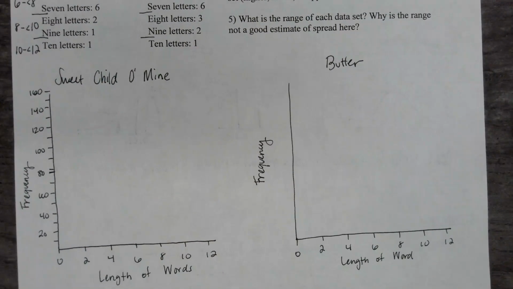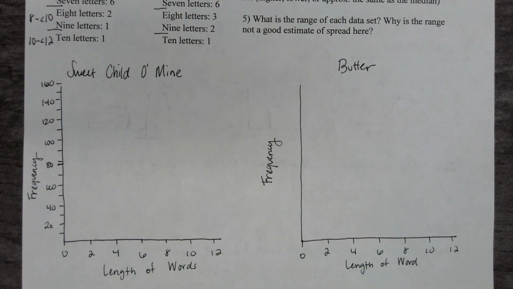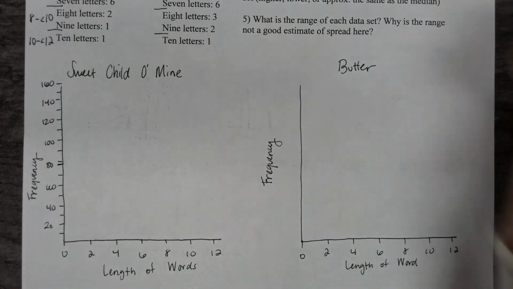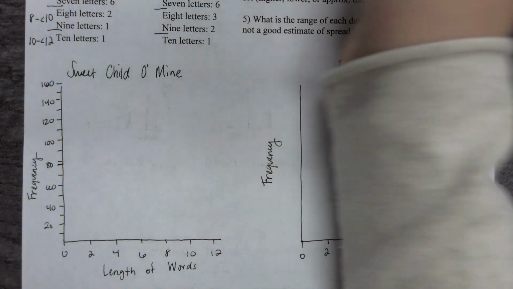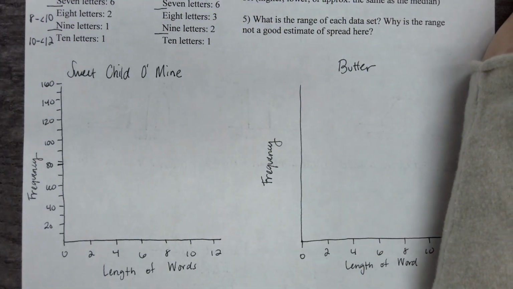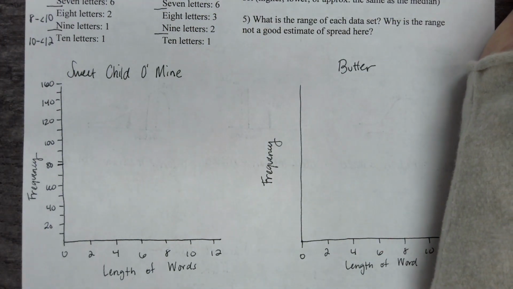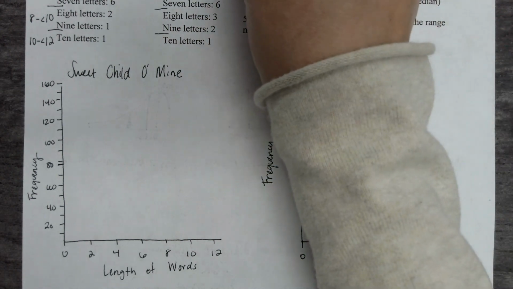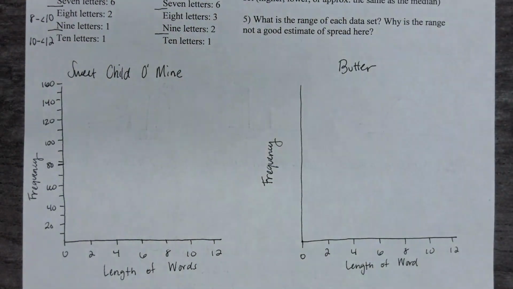I've got to figure out how much we're going to go up by for Butter. Looking here, we have 168, 137 plus 36 is going to give me 173. So we're going to make sure that we go up to 180 at least.